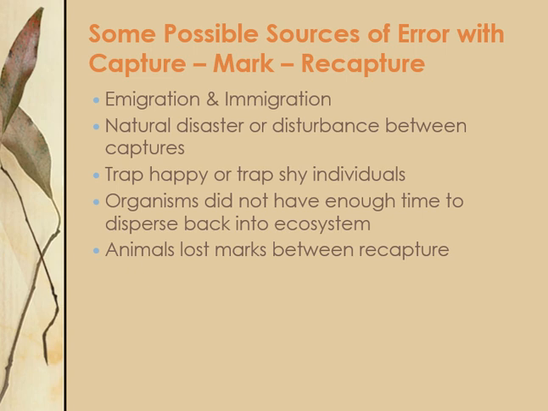Now, looking at certain possible sources of error when you do the Lincoln index, the capture, mark, release, recapture method, you have to know this. Immigration and emigration can lead to a great amount of error. Also, natural disasters or disturbance between the captures can cause problems. There may be trap happy or trap shy individuals.